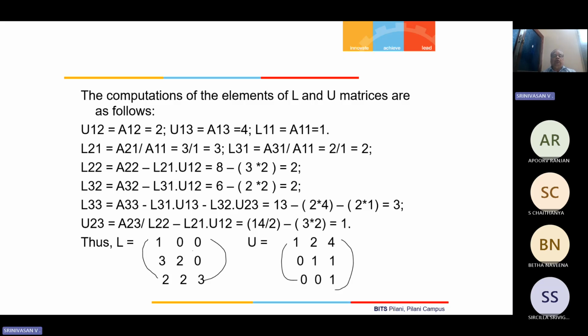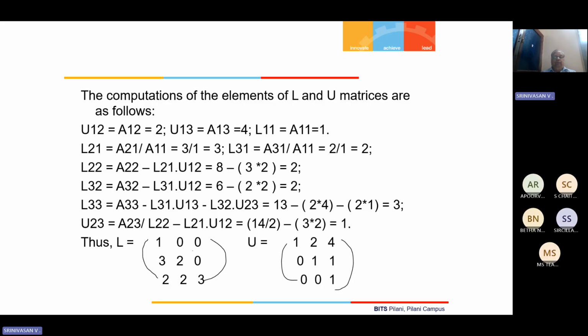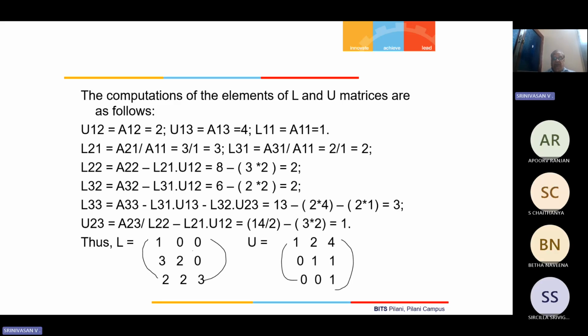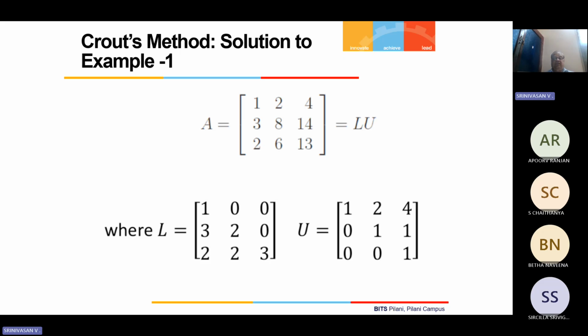Next, L32 the same way: A32 minus L31 into U12. What is A32? This is 6.